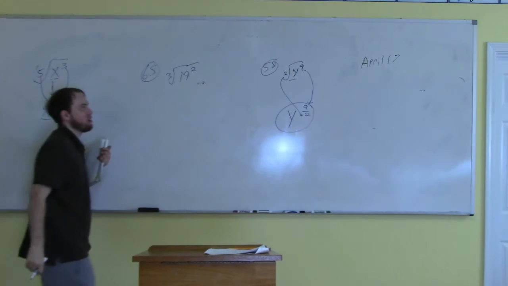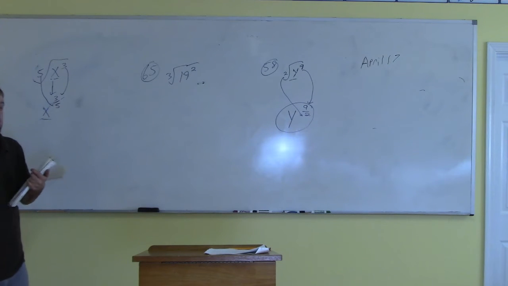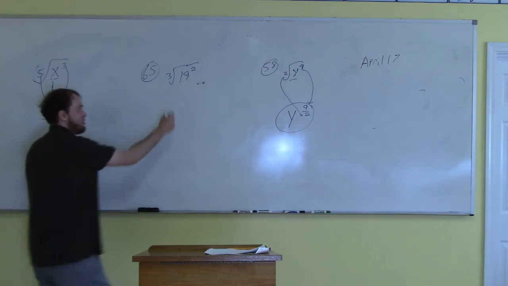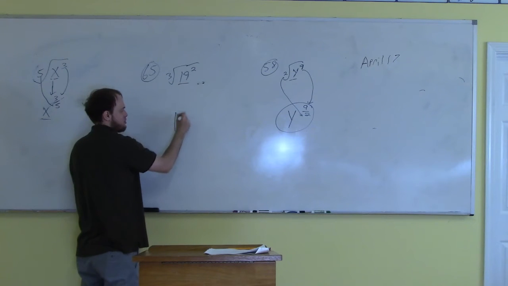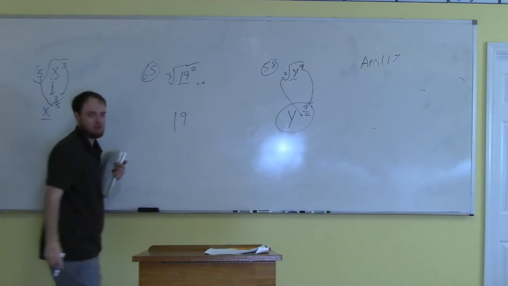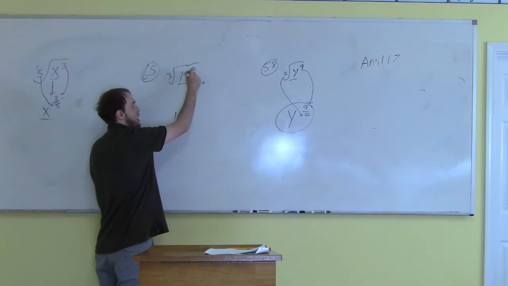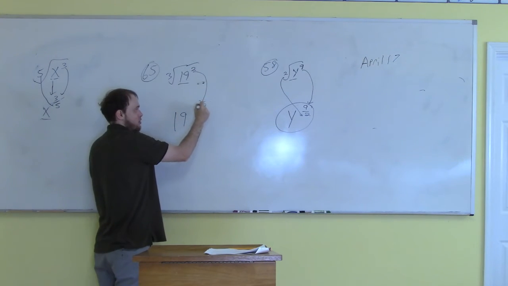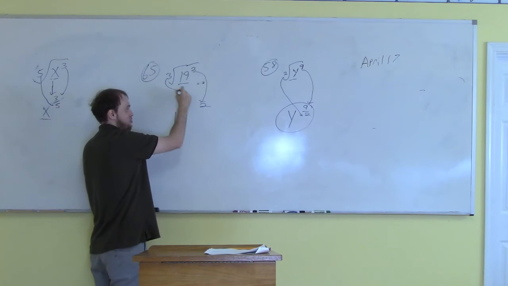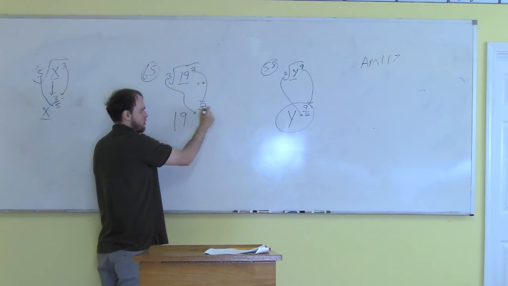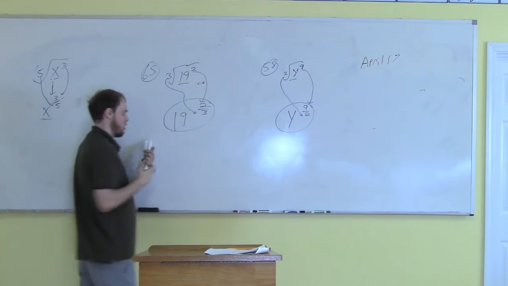The question is, what is the base? The base is the 19. Then I have to do the fractional exponent. The radicand exponent becomes the numerator, and the index, which is the 3, becomes the denominator. So it would be 19 to the 2/3.